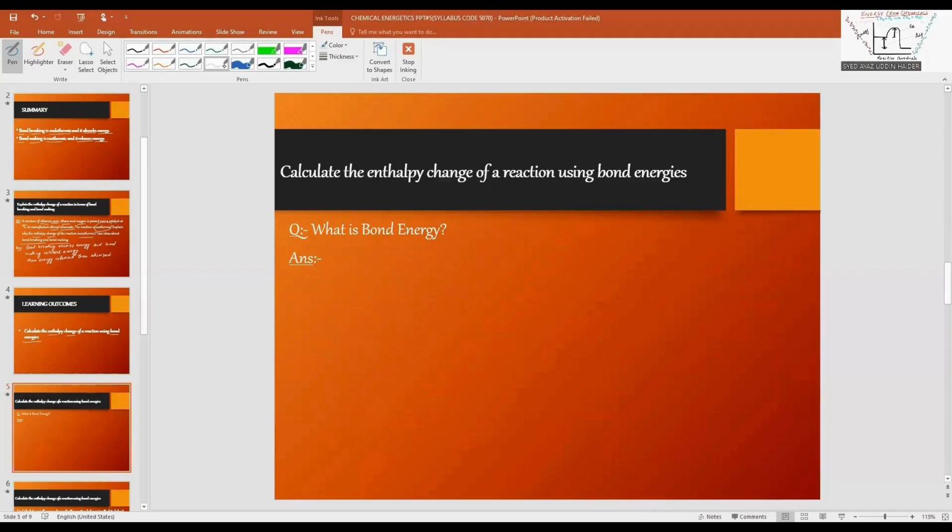Let's start with the definition of the bond energy. It's energy required to break the bond between two atoms.